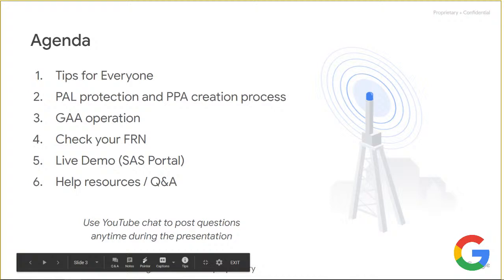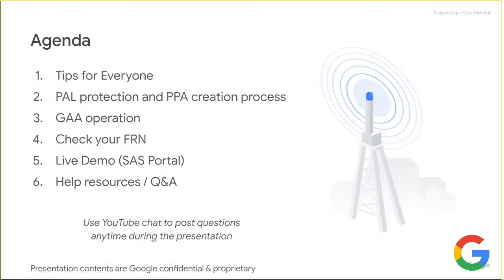So our agenda looks like this. We are going to first provide an overview, a real quick heads up, to make sure we're all on the same page about PALs, and then we'll talk about PAL protection and the PPA creation process. Don't worry about all those letters, we'll define those as we go along.